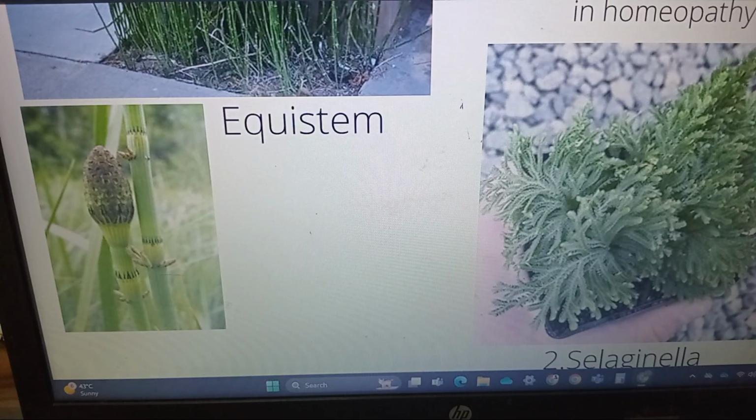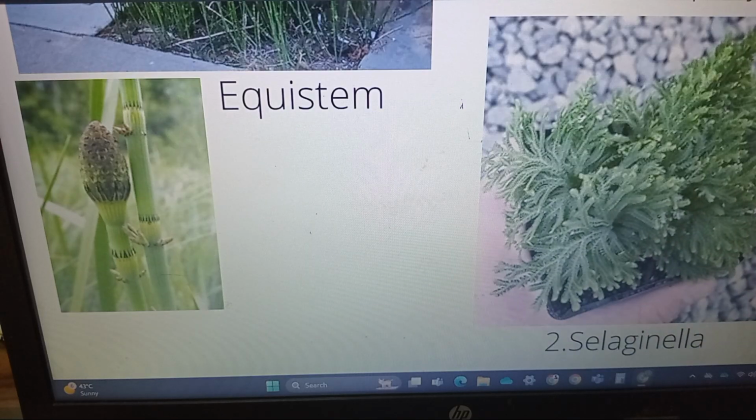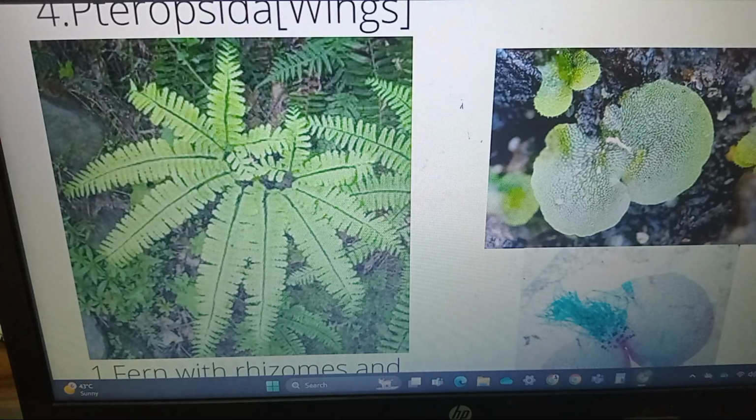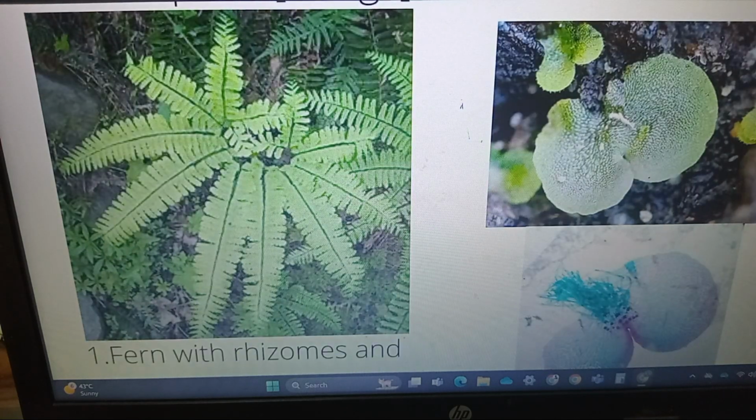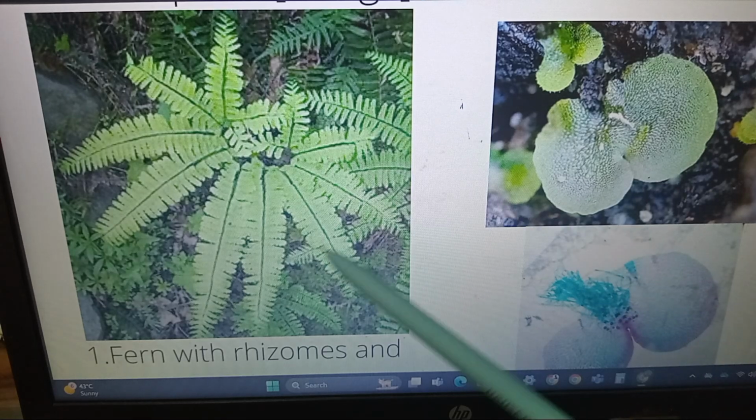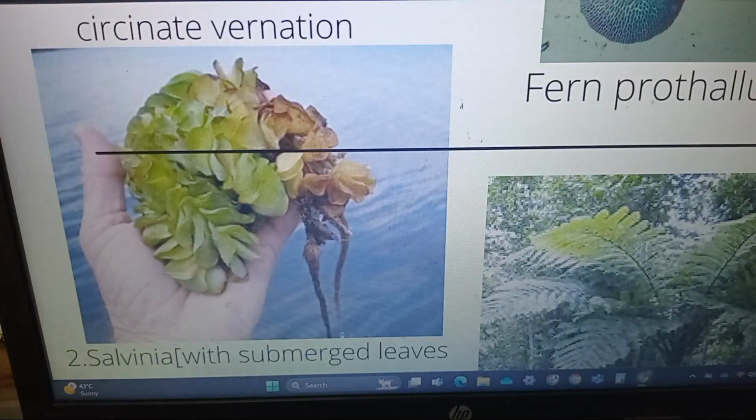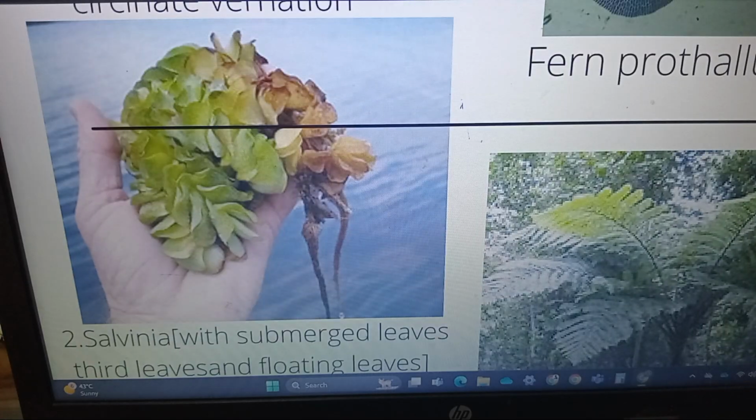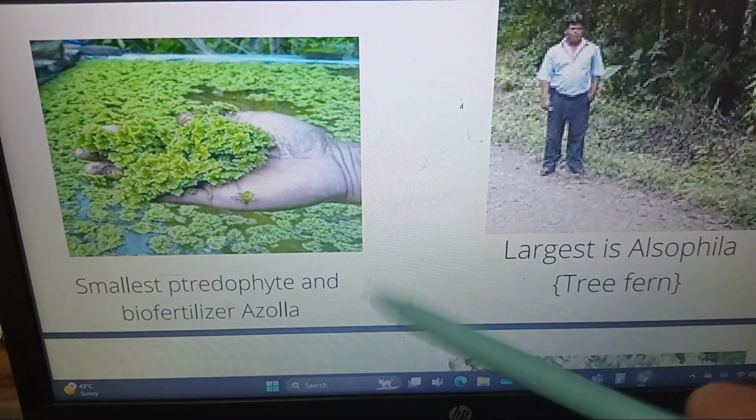We look at the further example, which includes the Pteropsida. These are the ferns; ptero means wings. Leaves are wing-like in shape. Examples include the aquatic Salvinia, and Azolla.